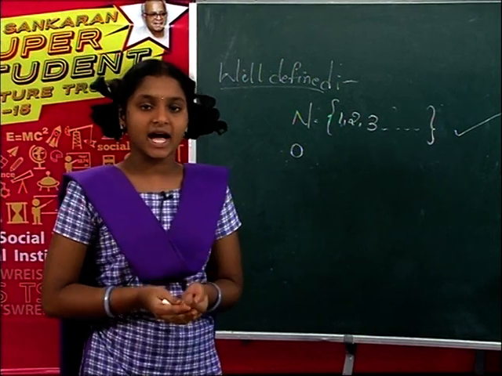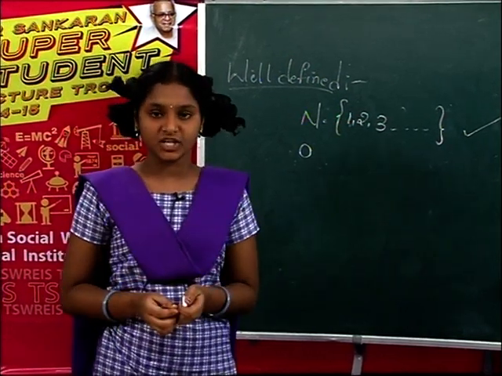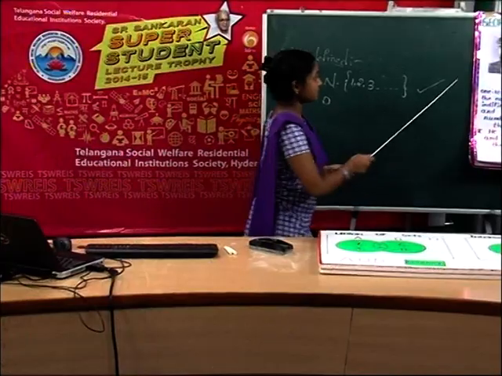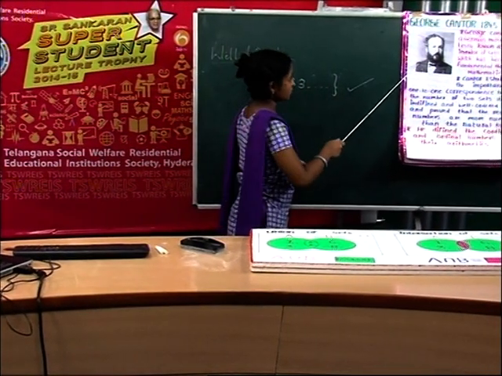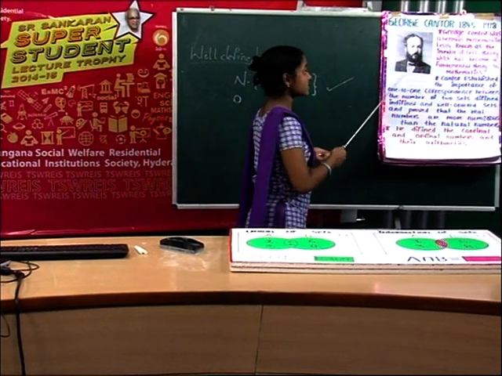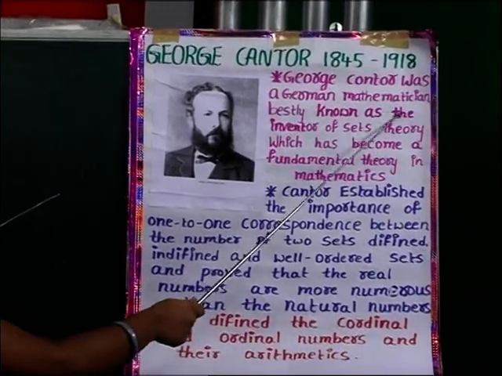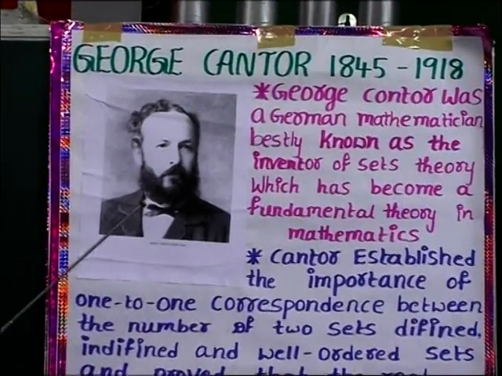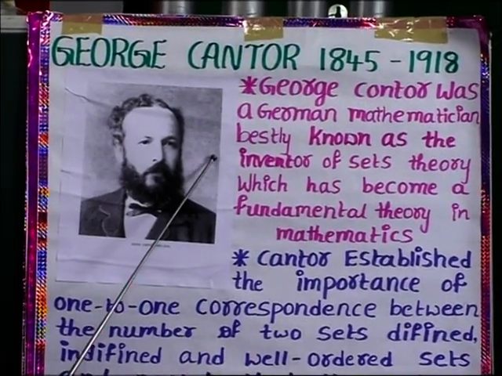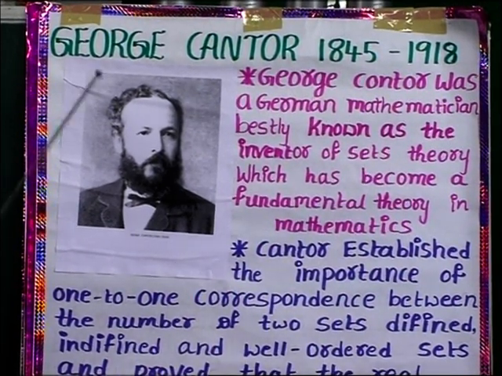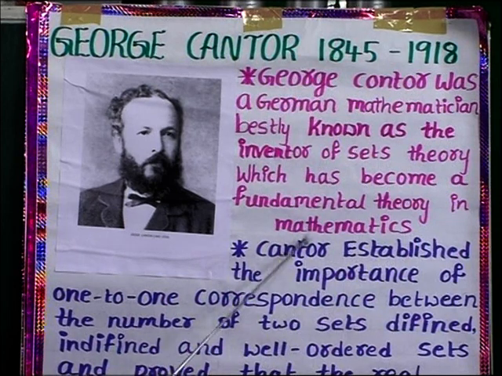Sets were highly developed by a mathematician called George Cantor. You can see his picture here. He was a German mathematician, popularly known as the inventor of set theory, which has become a fundamental theory of mathematics.